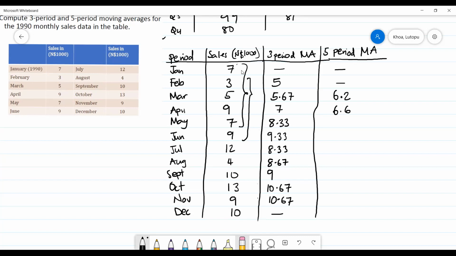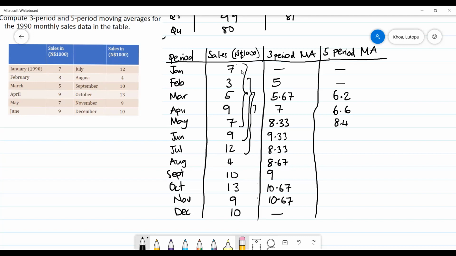Then you move on to the next one. I have 5 plus 9 plus 7 plus 9 plus 12. This is 42 divided by 5. This is 8.4.